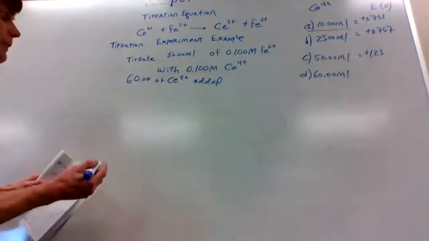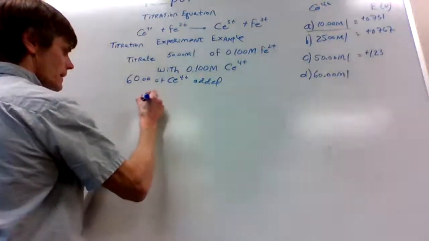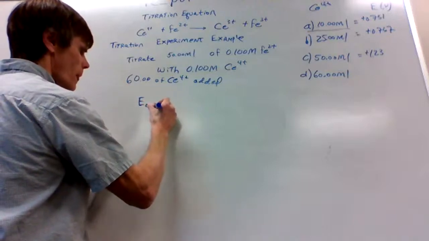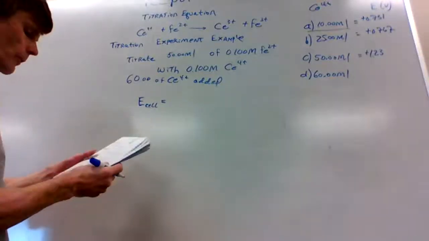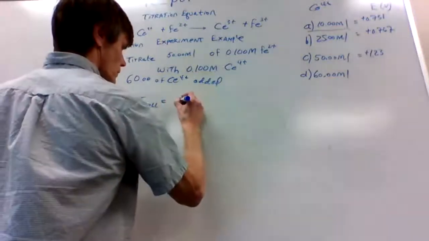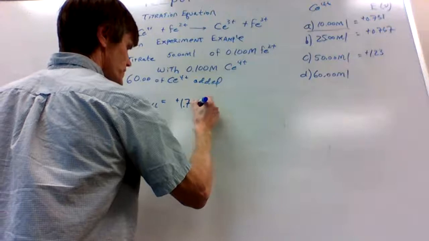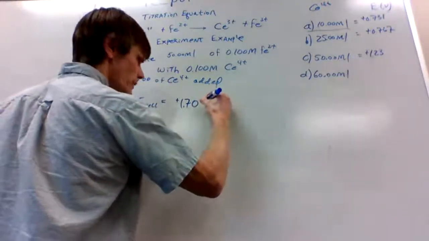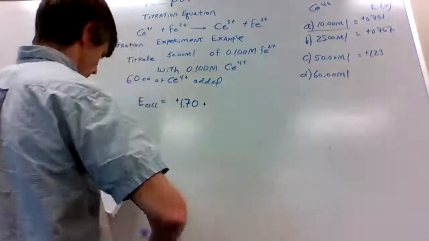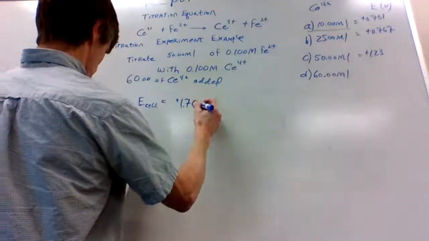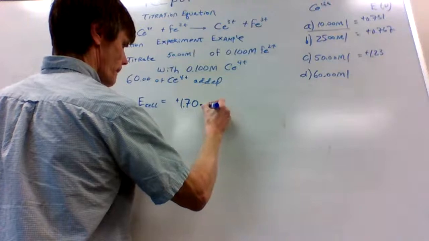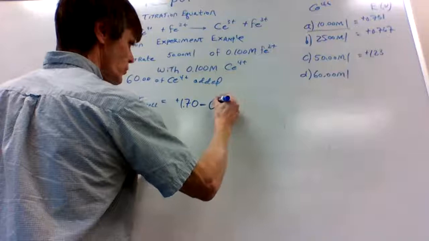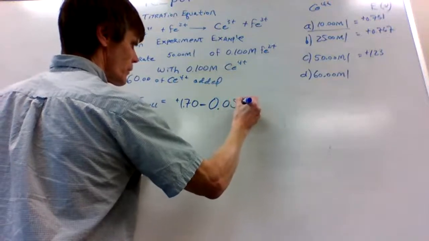And the E, in this case, for this cell, is the half cell reaction for the ceric 4 positive, ceric 3 positive. And here's our cell potential that we're going to use.